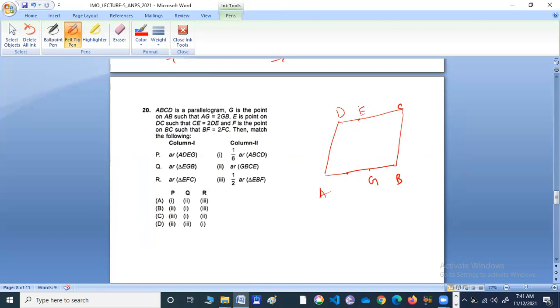F is a point on BC such that BF is equal to 2FC. So again, there is a point. Okay, then match the following.